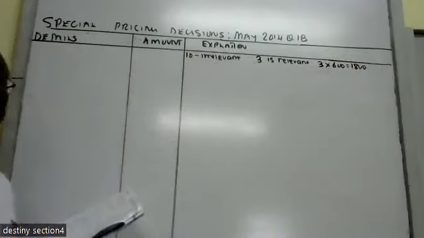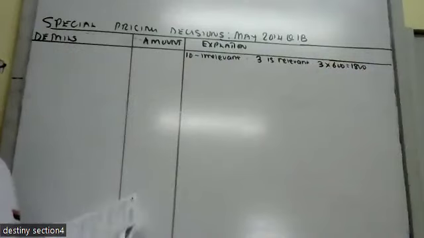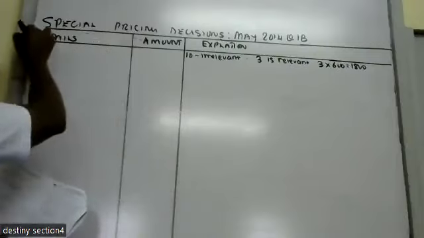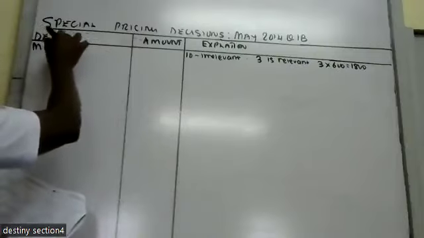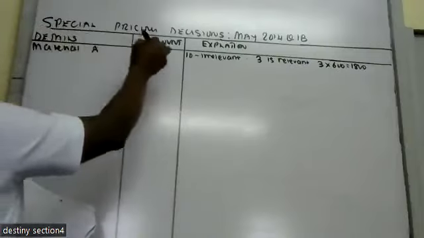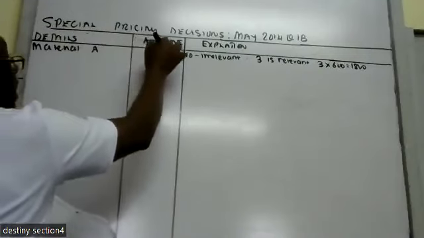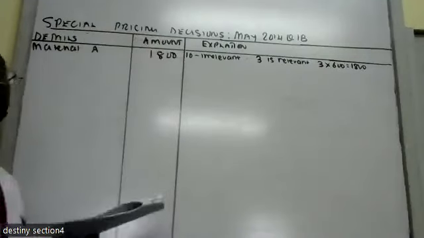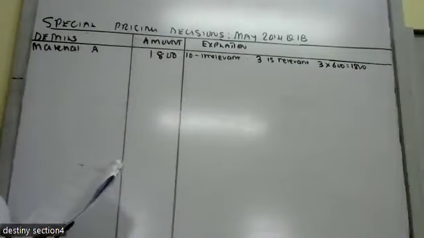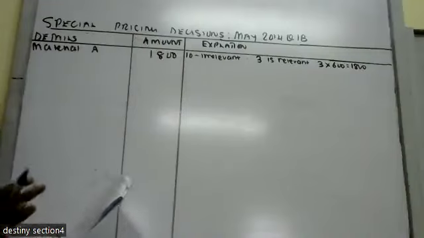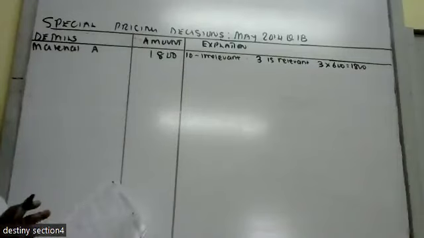That's also part of workings. So ukikuja hapa kucharge material A, you will say it is 1,800. So hautaweka hiyo 6,000 because the 10 bob is what? Irrelevant. The relevant one is the 3 bob.